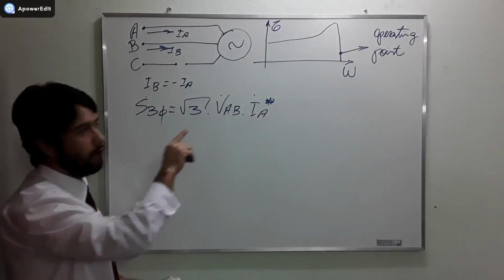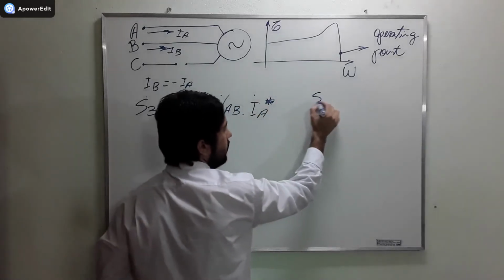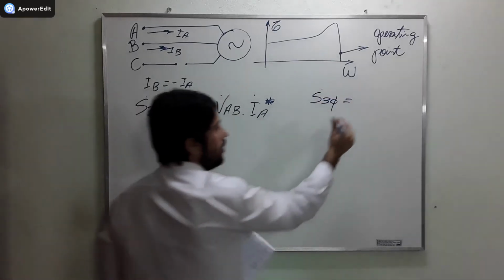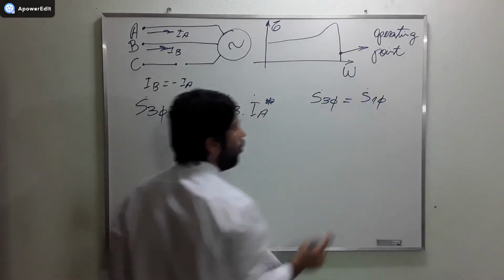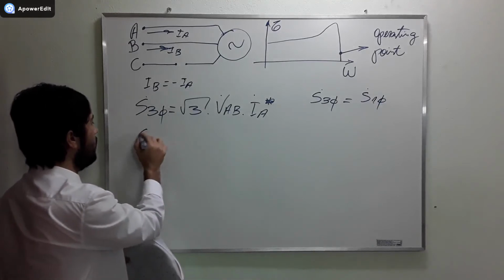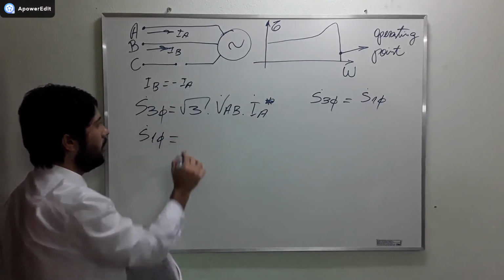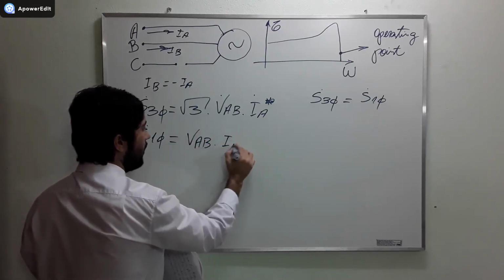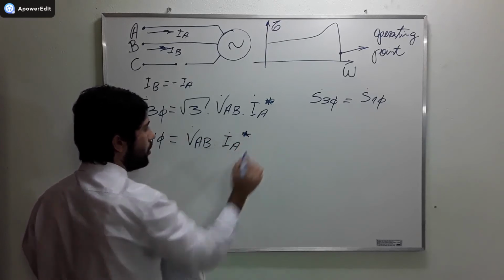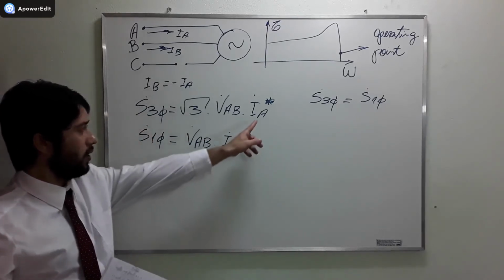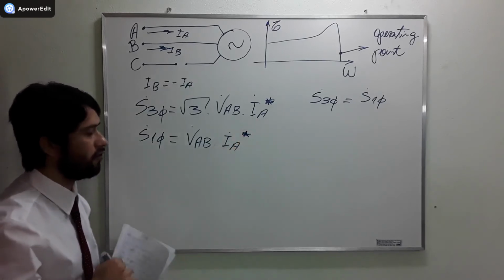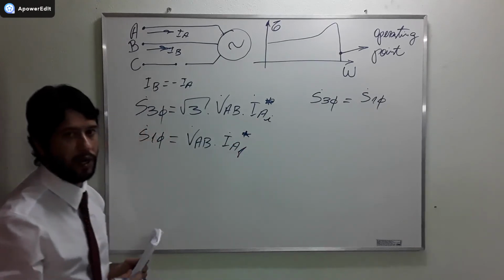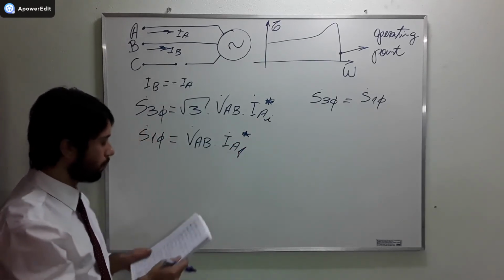And we proved here by analyzing the graph that the three-phase complex power is equal to the single-phase complex power. And then the single-phase complex power is going to be equal to VAB times IA conjugate. Okay? But I'm going to add a subscript here to differentiate the initial current from the final current. Are you guys understanding everything?